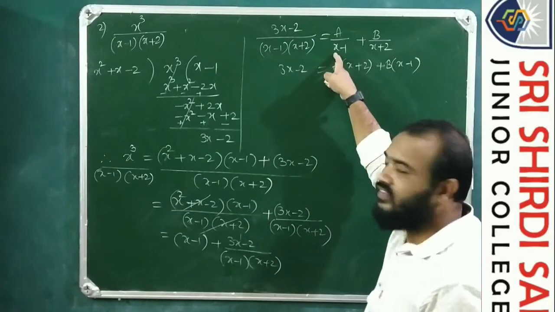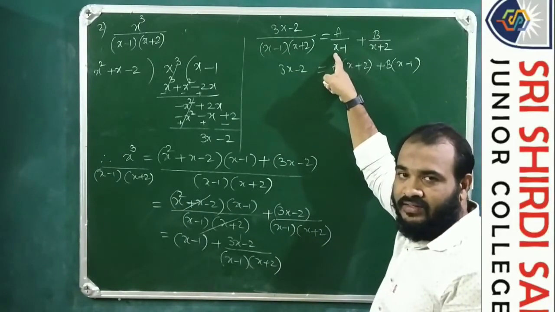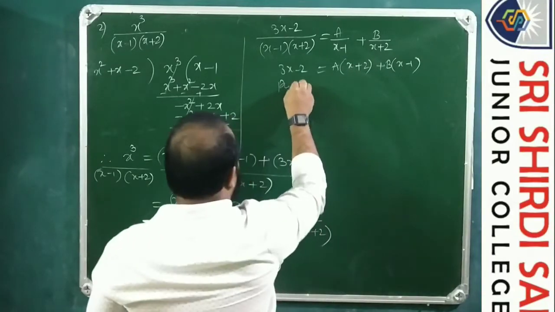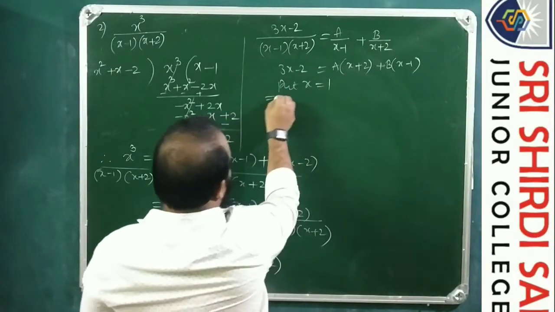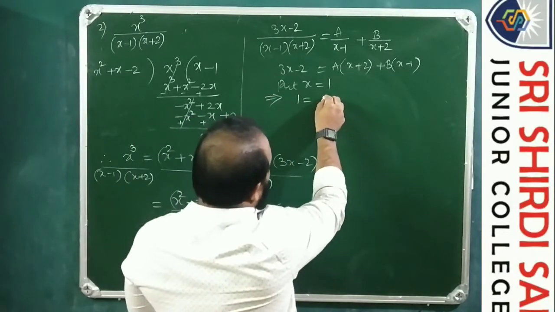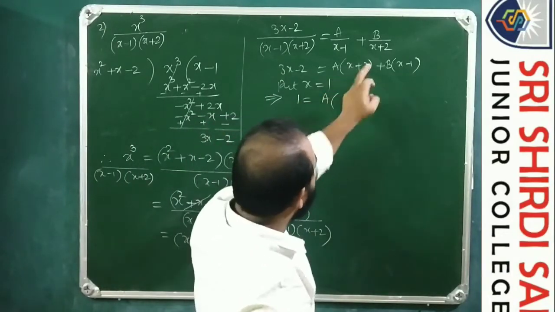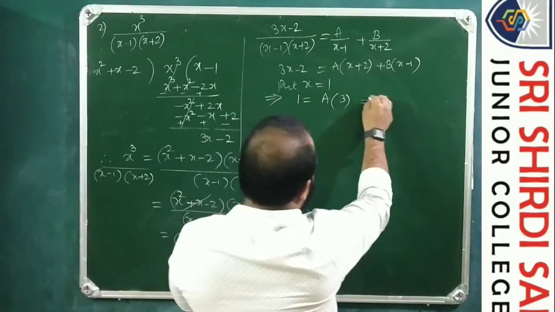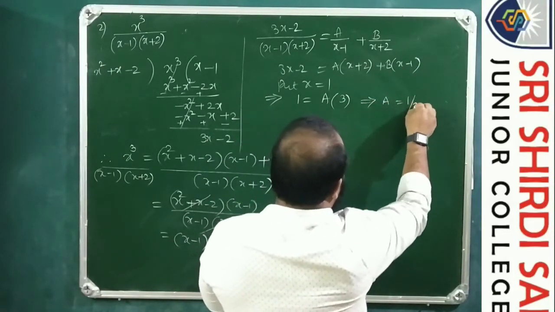Since x minus 1 is a factor, x equals 1 is the root. So put x equals 1. 3 ones are 3, 3 minus 2 is 1. So a into 1 plus 2 is 3, and here this is 0. From this a is equal to 1 by 3.